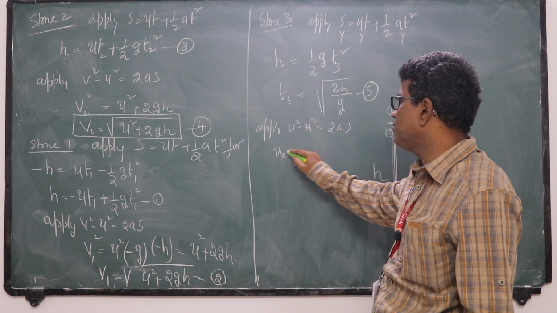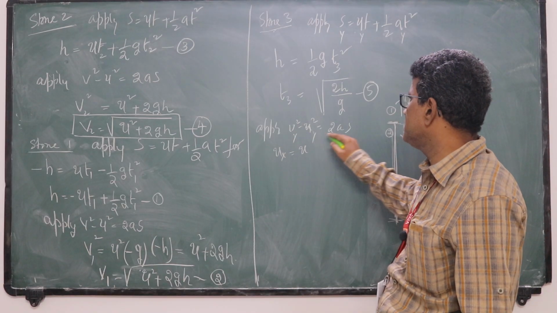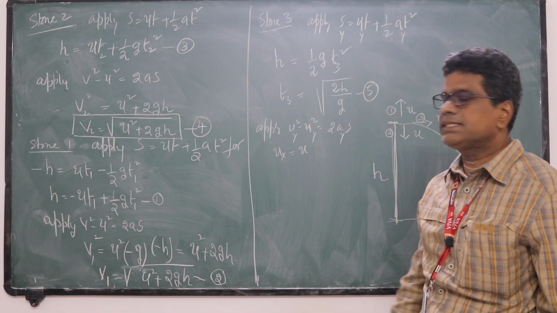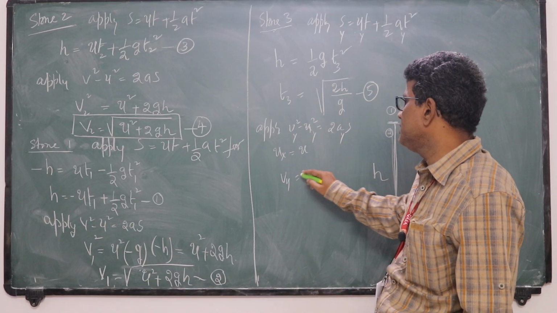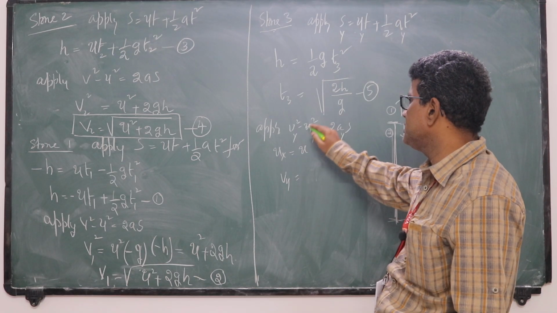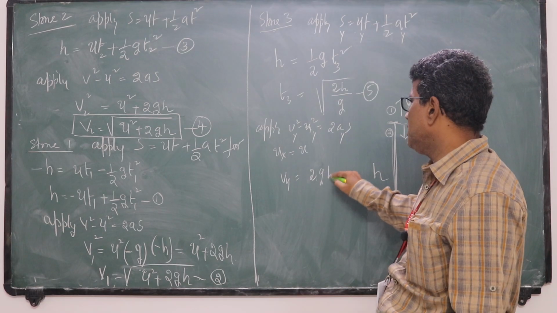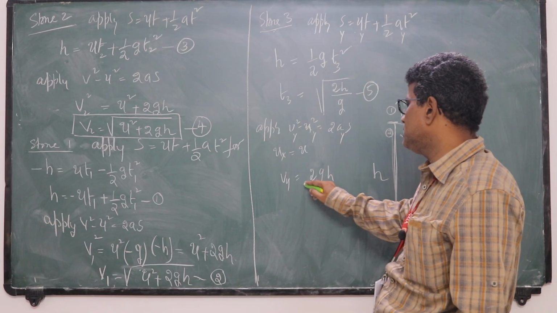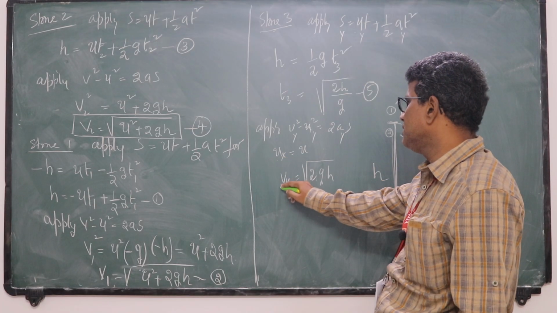You apply v square minus u square is equal to 2as in the vertical direction. So what you will get? Vy square is equal to uy, initial velocity is 0 in the y direction, plus 2gh. That is under root.